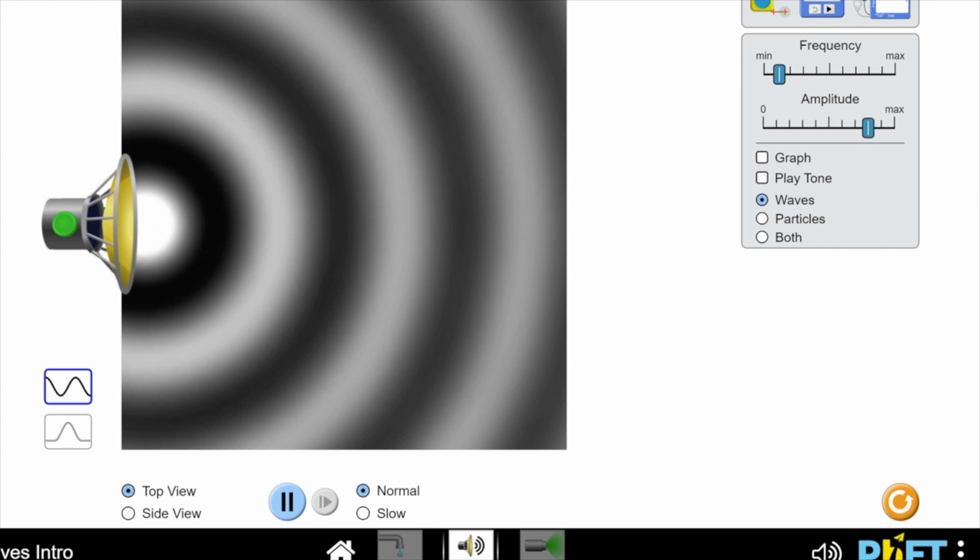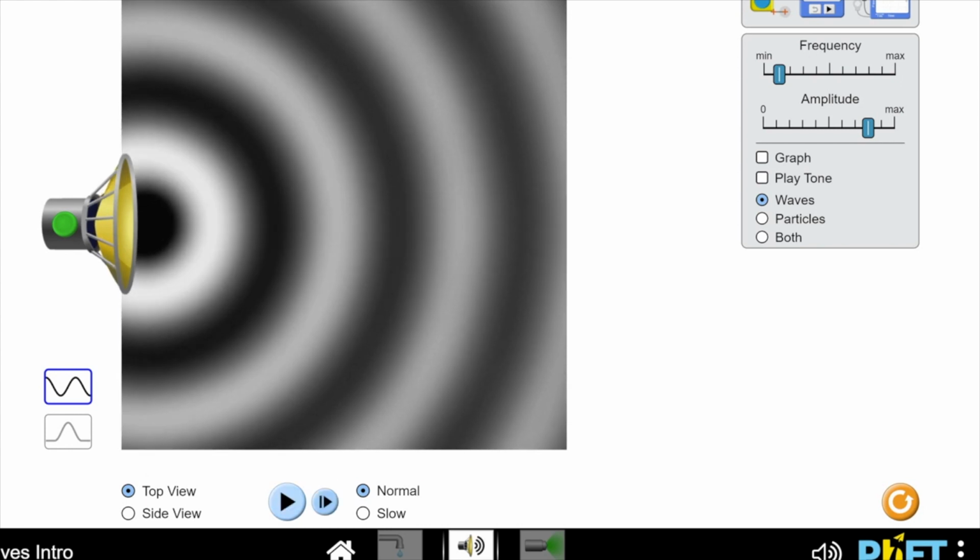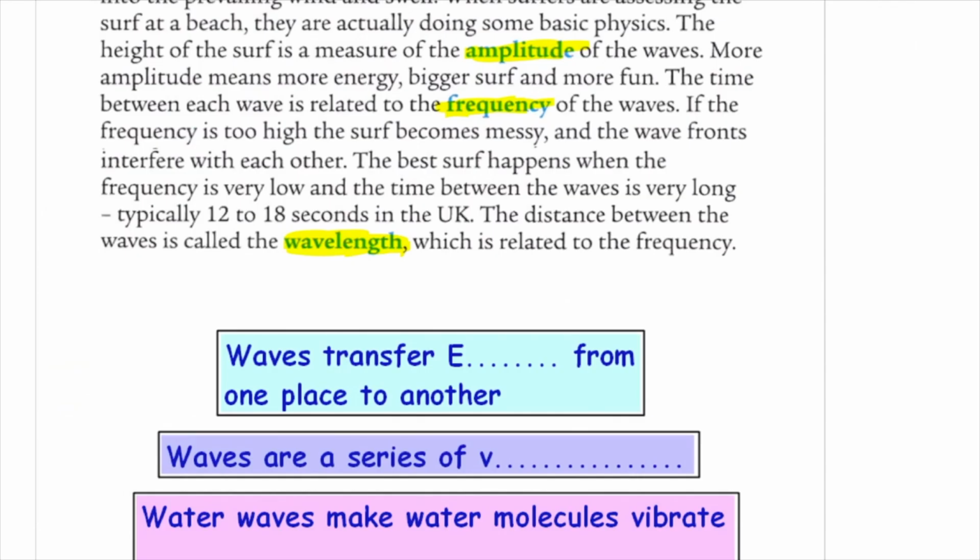And again, if I pause that, the way in which we measure wavelength is if we go from the middle of one wave to the middle of the other. The wavelength there, look, is 142.9 centimeters. So the amplitude, frequency, wavelength.